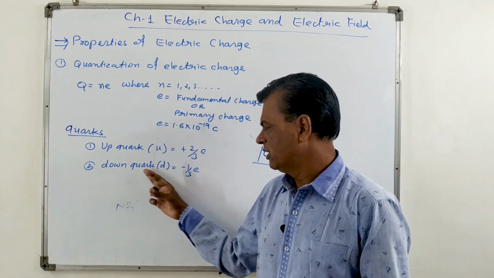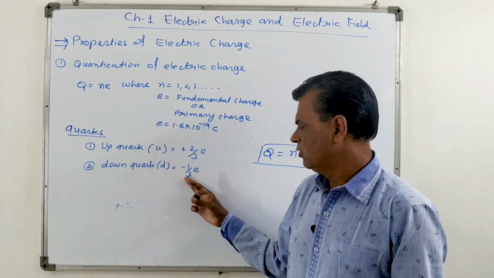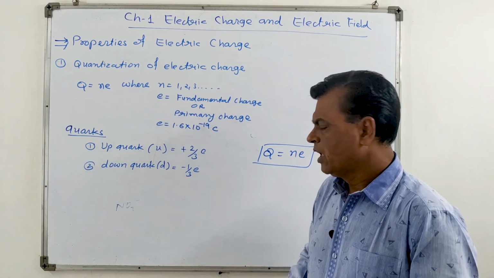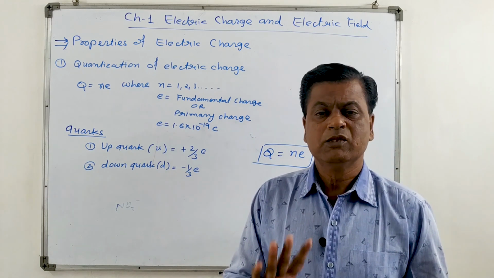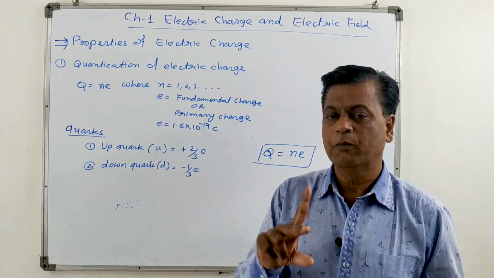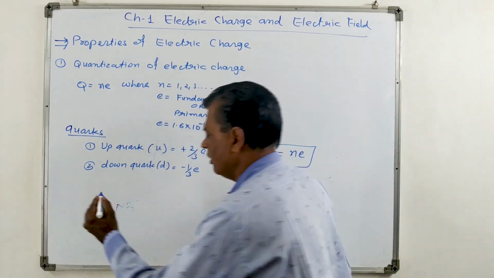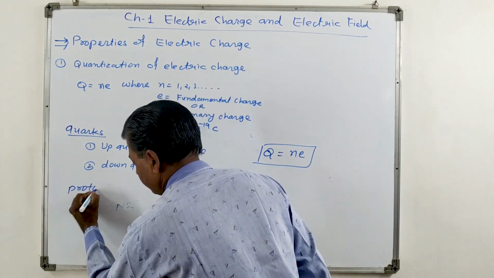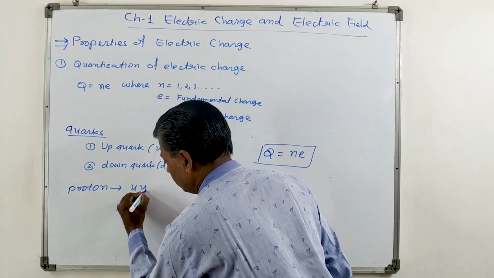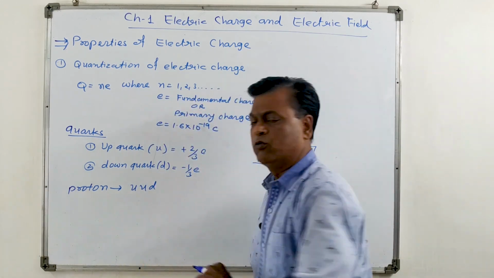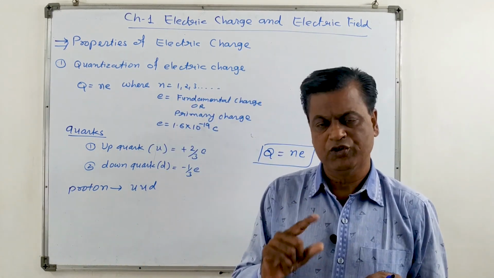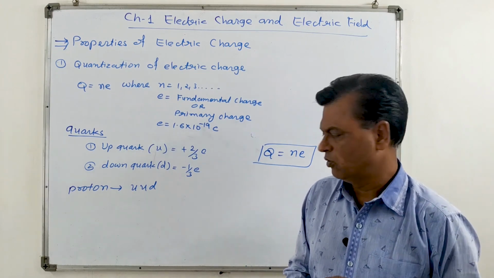And the down quark is denoted by small d, and its value is minus 1/3 e. Now a proton is made up of 3 quarks, 2 up quarks and 1 down quark. So the composition of a proton is uud.